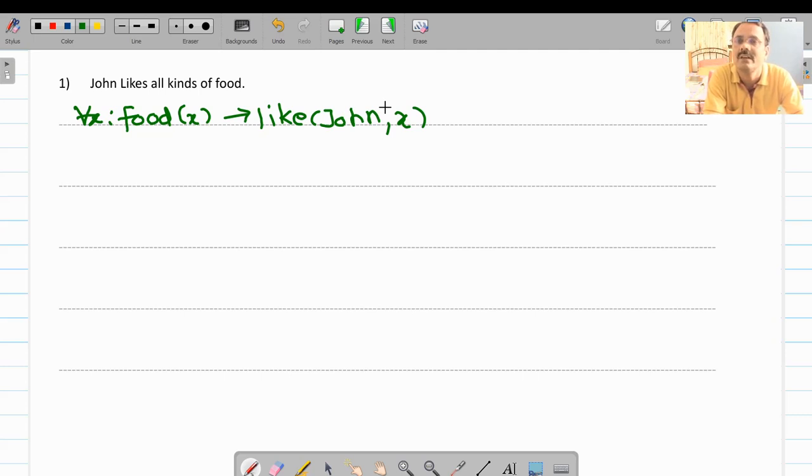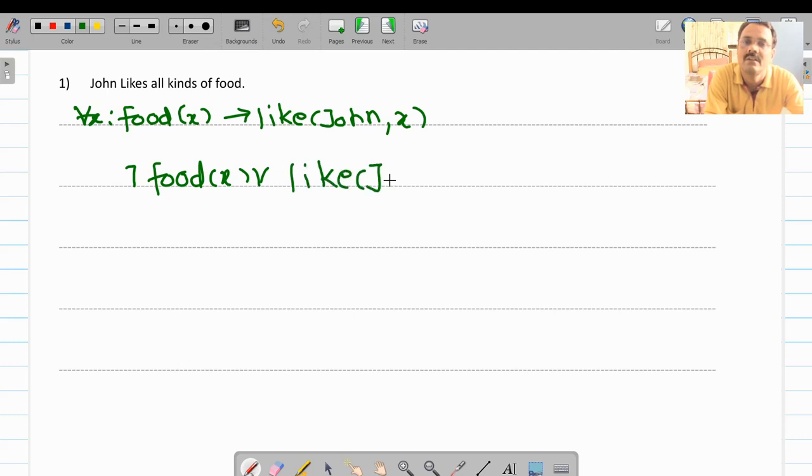John likes all kinds of food, all food, so for all x we have used. Now convert it into the normal form, that is conjunctive normal form. So remove this implication. That will give you not food x or like John x.